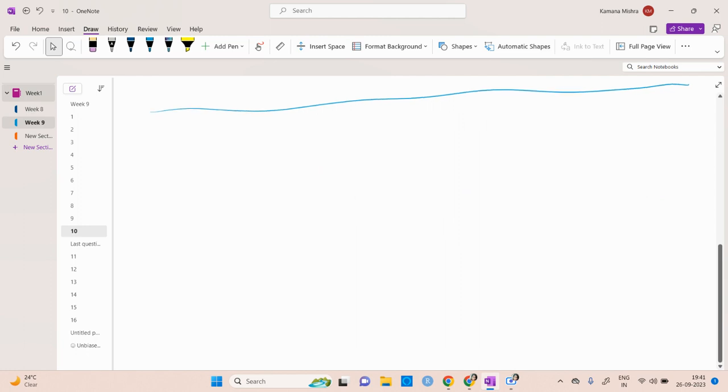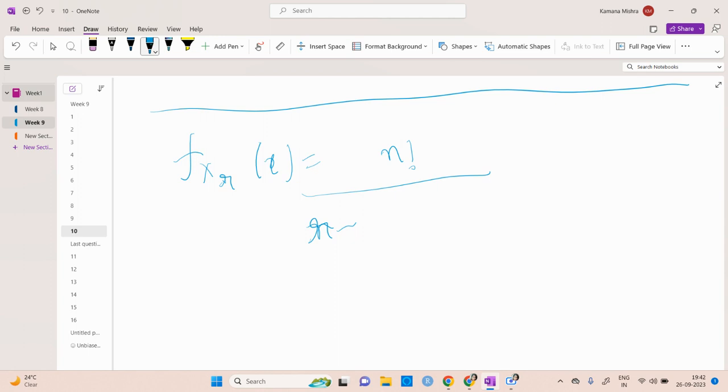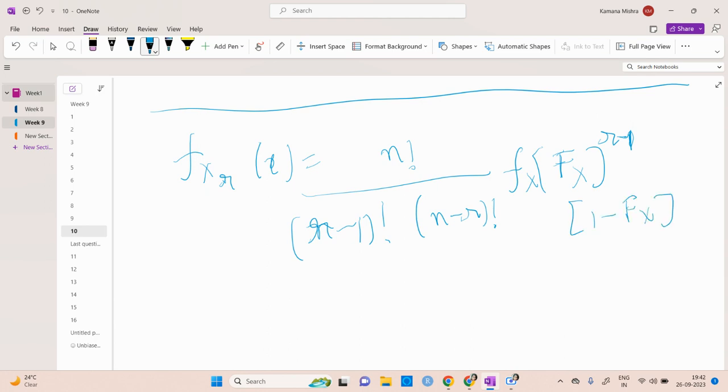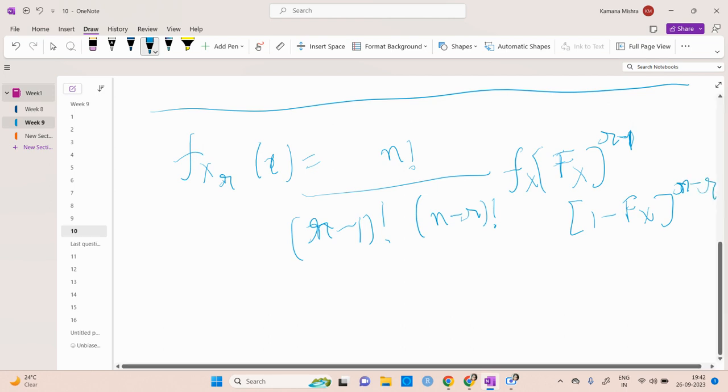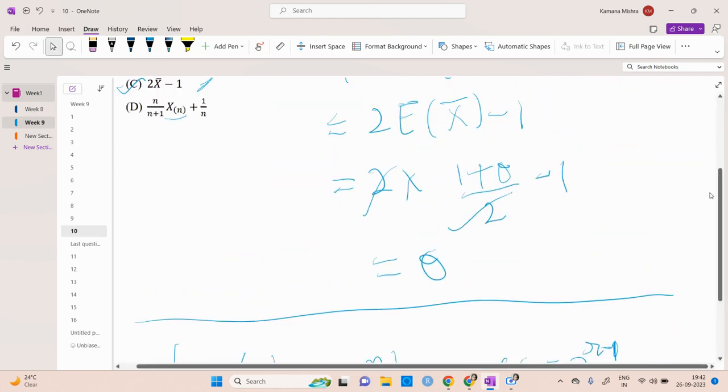So for this example, I will show you how we can do this. Firstly, I'm going to write the formula: n factorial divided by (r minus 1) factorial (n minus r) factorial, times capital Fx to the power r minus 1, times (1 minus Fx) to the power n minus r.